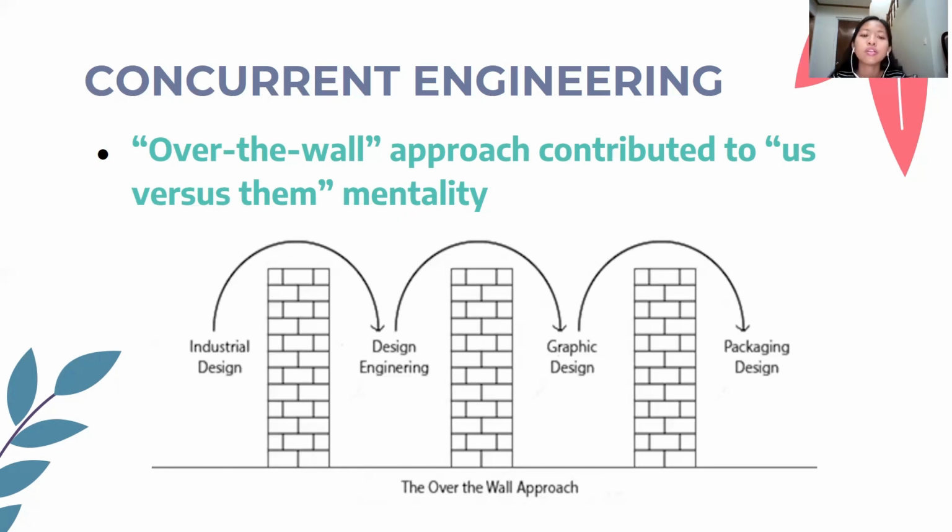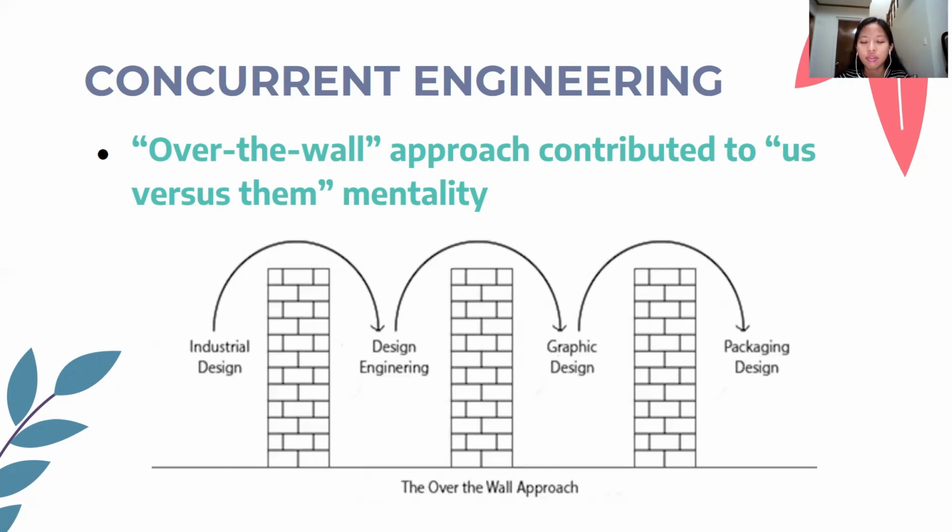So because of this over-the-wall approach, it contributed to the us versus them mentality. Na instead we form groups, we became divided. So because of this reason, and in order for us to avoid this, we use concurrent engineering.